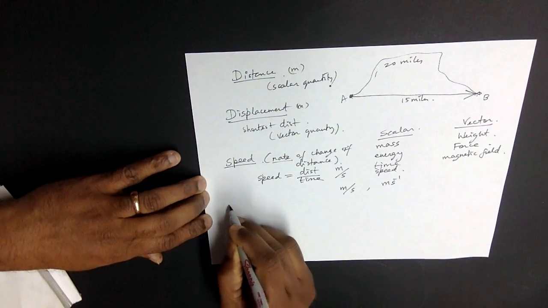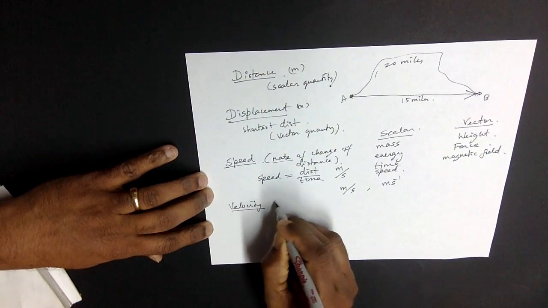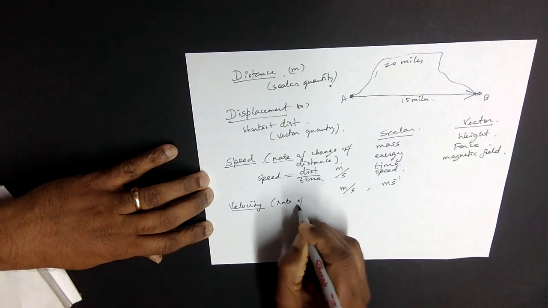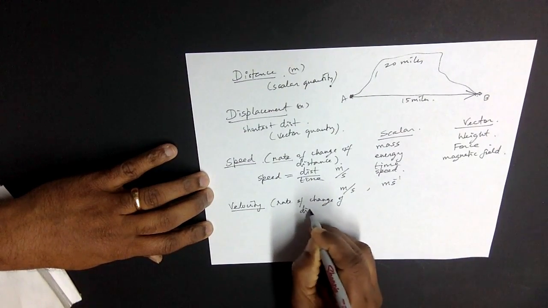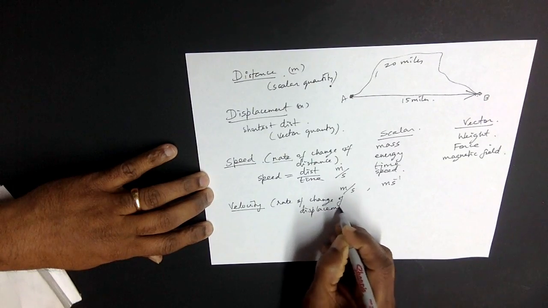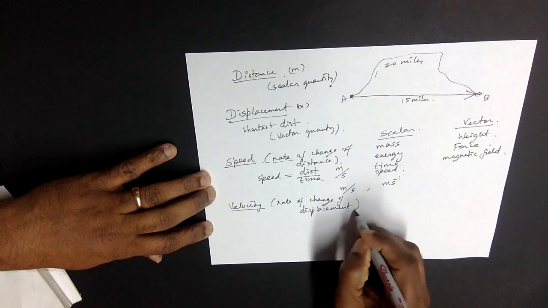Whereas the next quantity is velocity. Velocity is the rate of change of displacement.